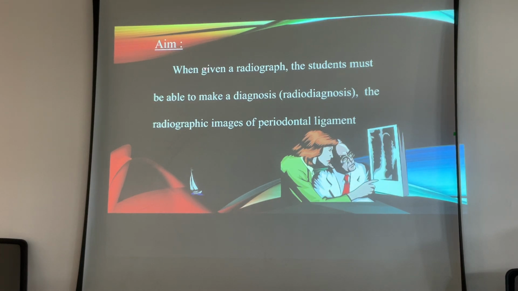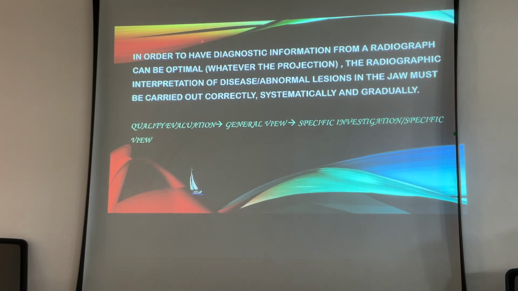The aim is, when given a radiograph, the students must be able to make a radio diagnosis, the radiographic image of the periodontal ligament. In order for a radiograph to give optimal diagnostic information, whatever the projection, the radiographic interpretation of disease or abnormal lesions in the jaw must be carried out correctly, systematically, and gradually.